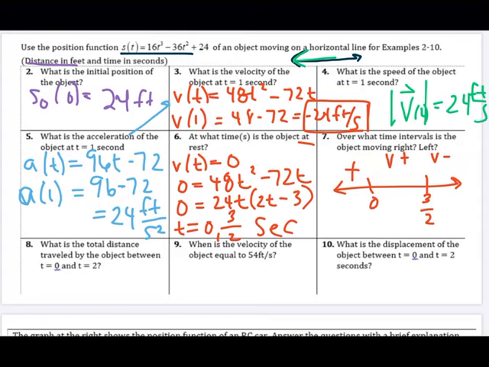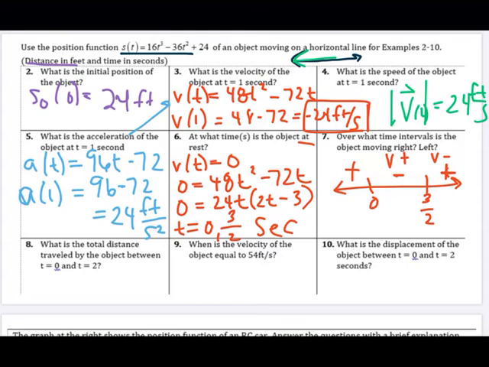I would get a positive number. Something between 0 and 3 over 2, like 1, if I plugged in 1, 48 minus 72 would give me a negative number. And if I plugged in something more than 3 over 2, such as 2, 48 times 4 minus 72 times 2, that's going to be a positive number as well.